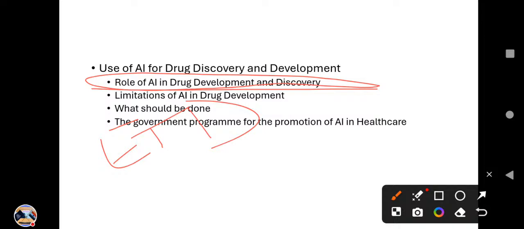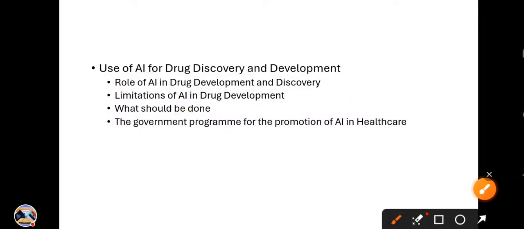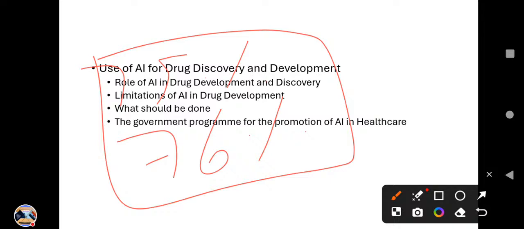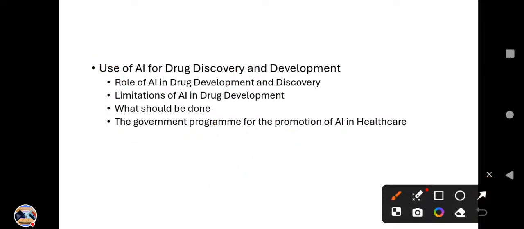It also improves efficiency in drug target interaction studies, with around 75 to 76% guided precision.